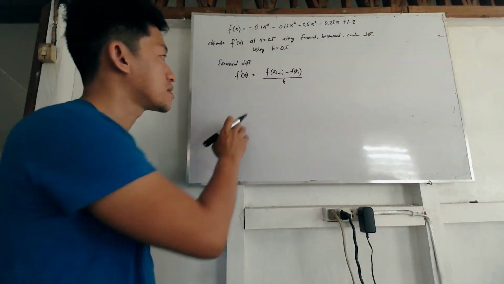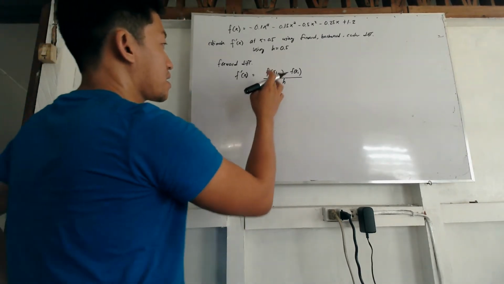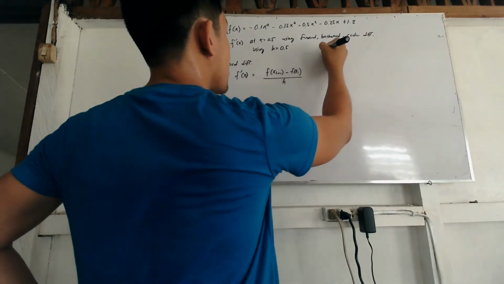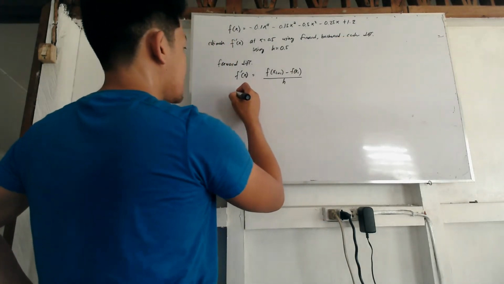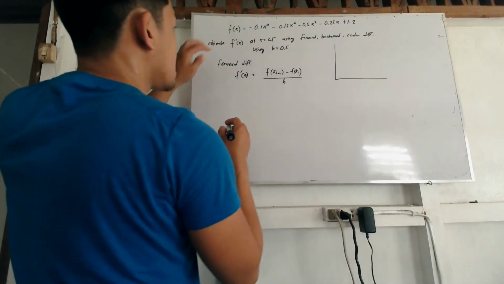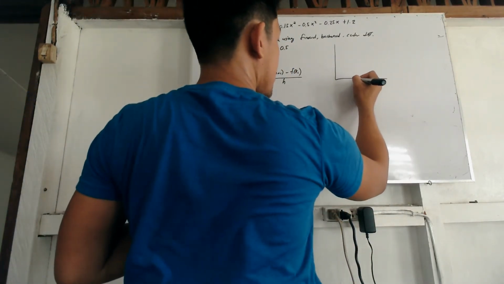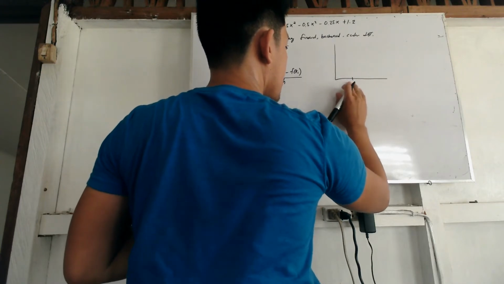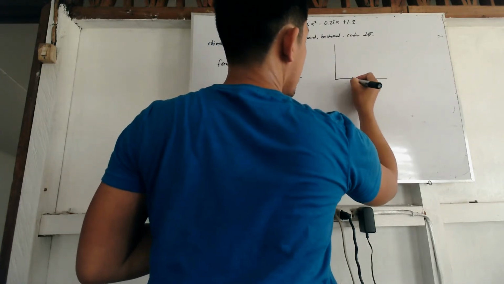Okay, so f of x sub i plus 1. It is stated that your x value is 0.5.